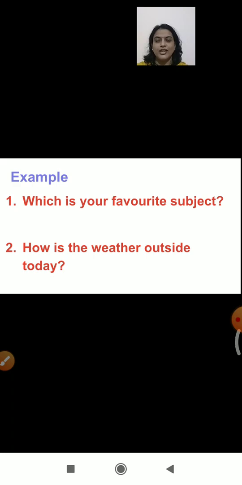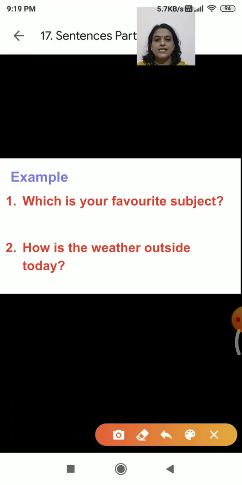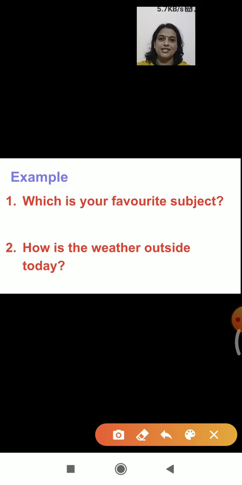Right? Yes. For example, here you can see. Can you see here the first sentence? Which is your favorite subject? Easy to find out, right? Which type of sentence it is. Here you can see they are asking you the question, and in the end you can see here question mark, right? Yeah. The second one, how is the weather outside today?